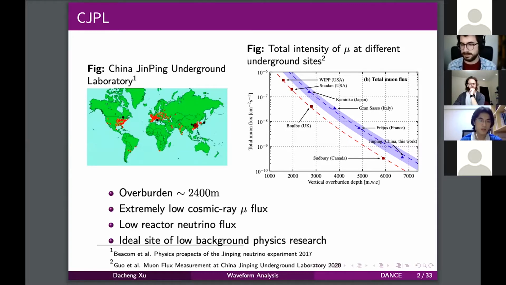The CJPL has an overburden of 2,400 meters, which provides an extremely low cosmic muon flux. Additionally, CJPL is far from nuclear reactors, which provides a low reactor neutrino flux. So the CJPL is an ideal site for low background physics research.